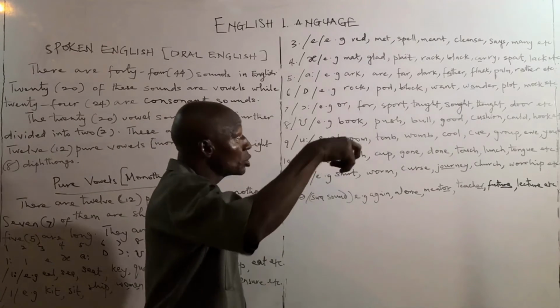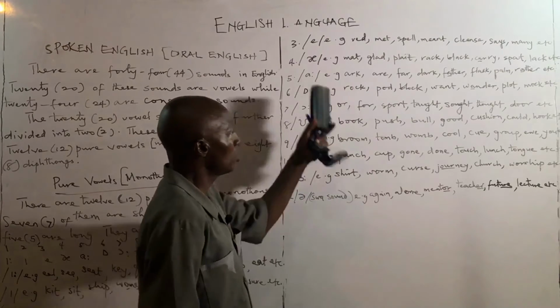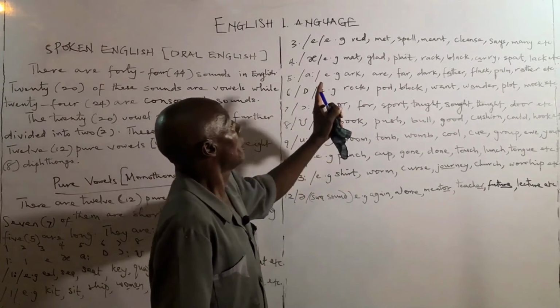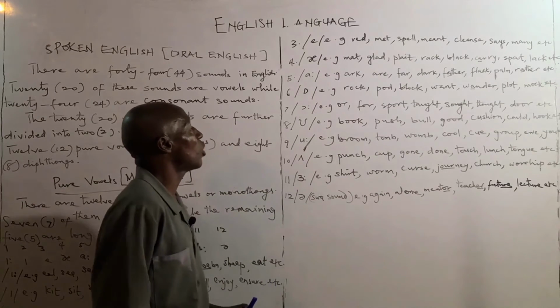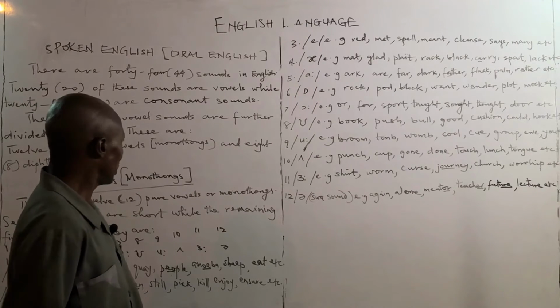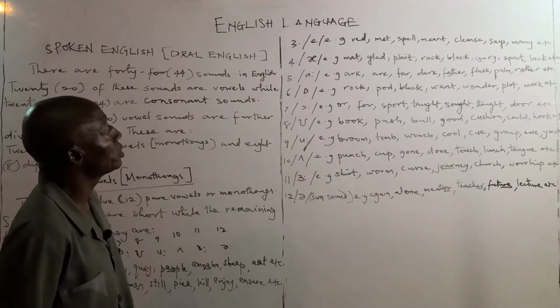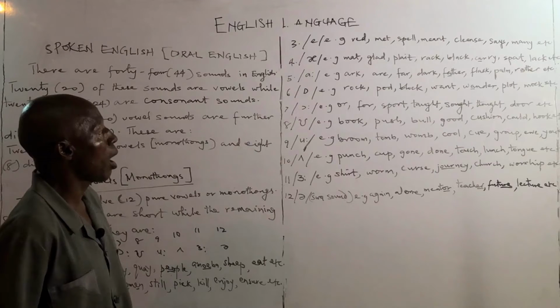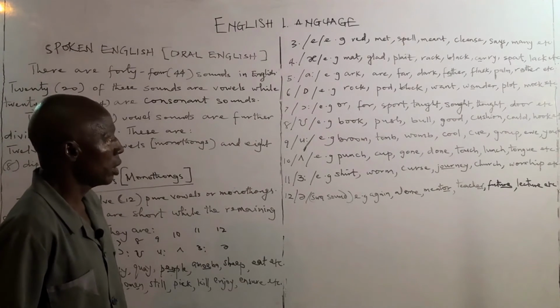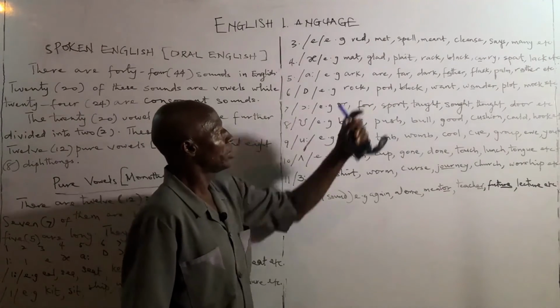But when you have AR on its own, it's long. And we will look at that later. So we have spat, we have lack, and so on and so forth there. Now for the long one, that is the second long vowel sound. Like fur. You know, we have AR here.